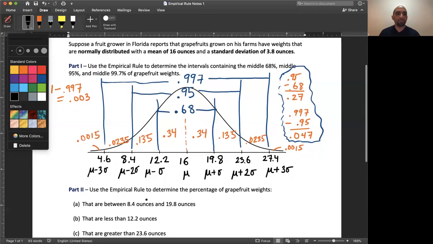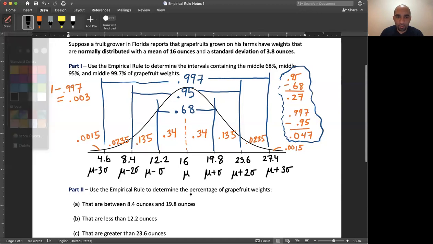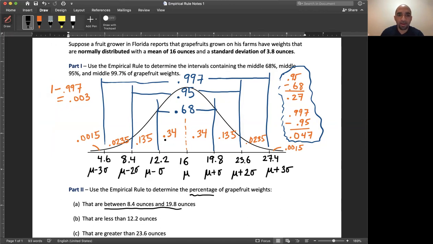So it says now, part 2, what percentage of grapefruit weights are between 8.4 and 19.8 ounces? Well, 8.4 is here, 19.8 is here, so we have to find the percentage corresponding to the values between 8.4 and 19.8. That would be 0.135 plus 0.34 plus 0.34, because these three percentages correspond to weights between 8.4 and 19.8.